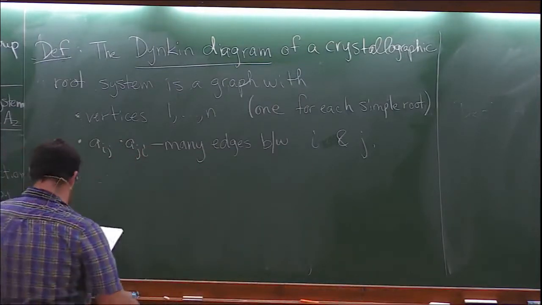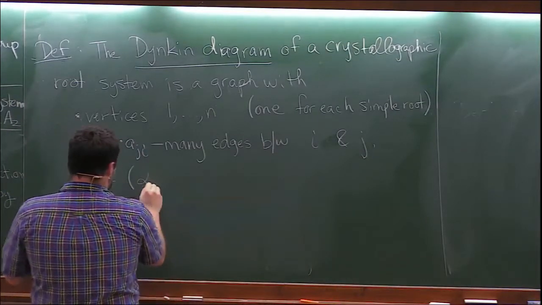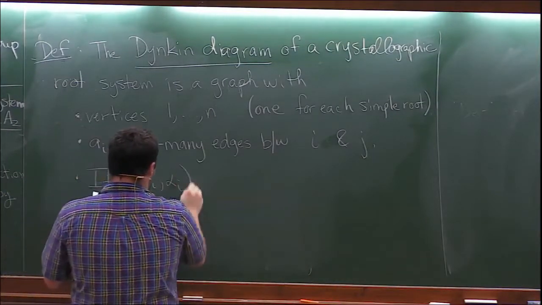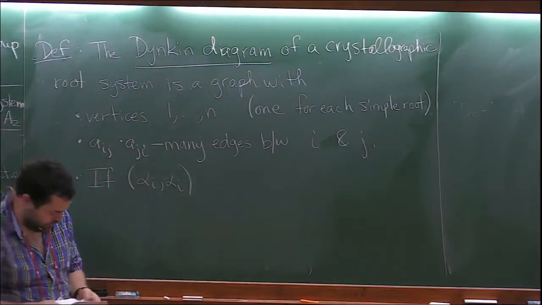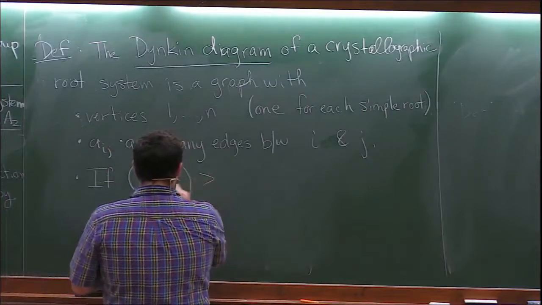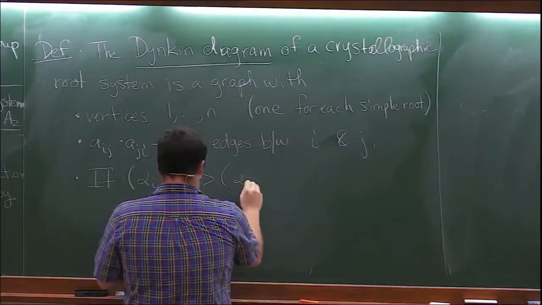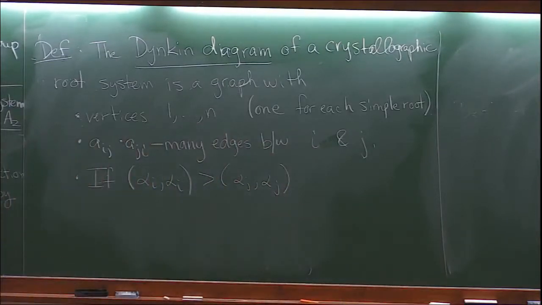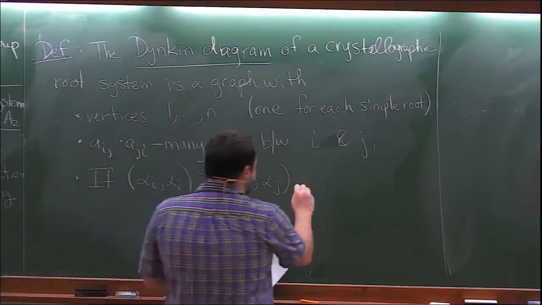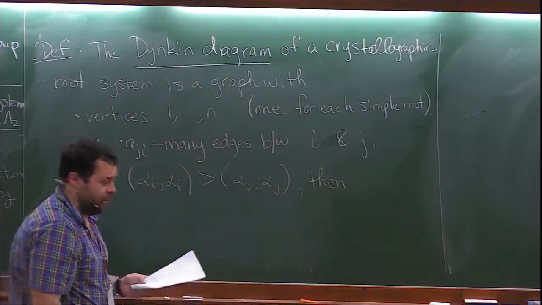If the inner product of alpha_i with itself, which is the square of the length of alpha_i, is bigger than the same thing for alpha_j, then I orient my edges from i to j.